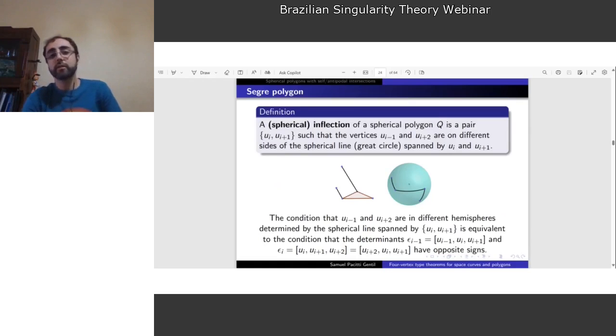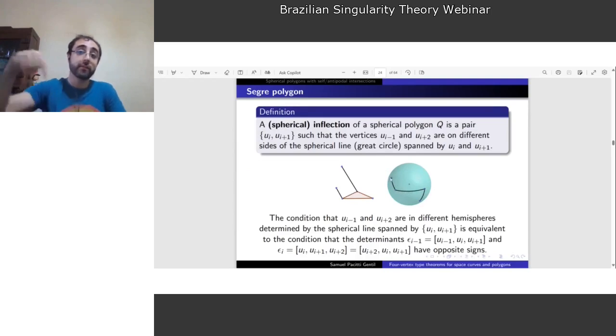A spherical inflection of a spherical polygon is a pair of vertices of our spherical polygon such that the previous and the subsequent vertices relative to this pair are on different sides of the spherical line spanned by these 2 vertices. So this is an example here. This is an inflection because this vertex before the pair is on a different hemisphere defined by this great circle.